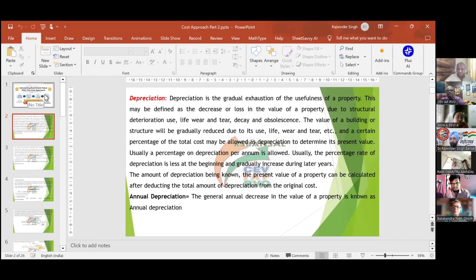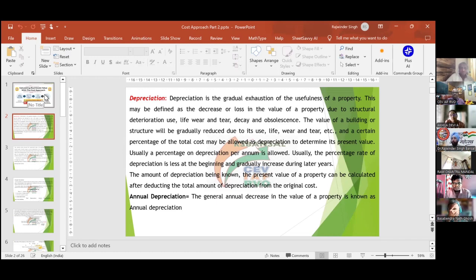So depreciation is gradual exhaustion of usefulness of the property. With the passage of time, the building will gradually exhaust its usefulness. Or it may be defined as decrease or loss in the value of the property, basically.